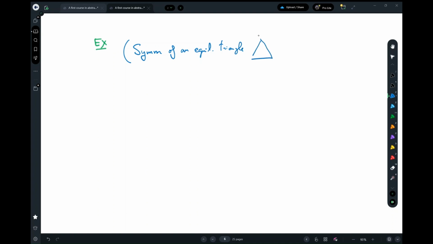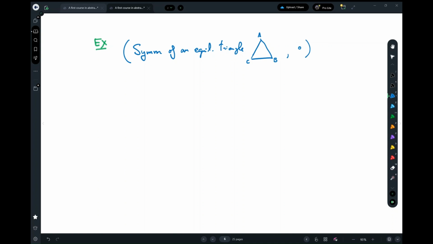If I have an equilateral triangle ABC, the symmetries are those operations that leave the shape of the triangle untouched. It can change the position of the vertices, but it leaves the shape untouched, such as a vertical reflection or some other reflections or some rotation by 120 degrees, etc.